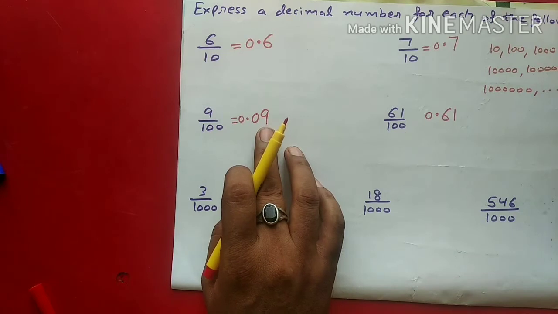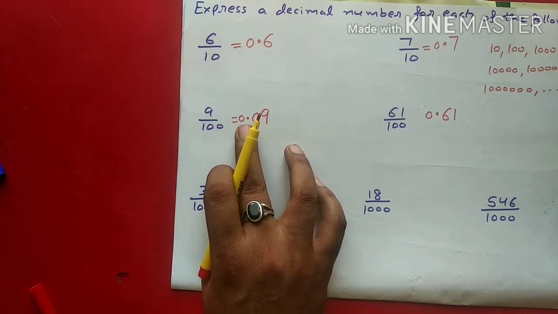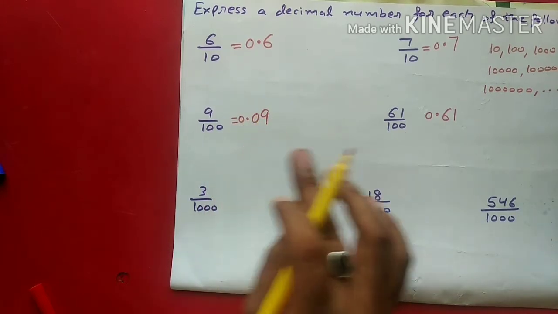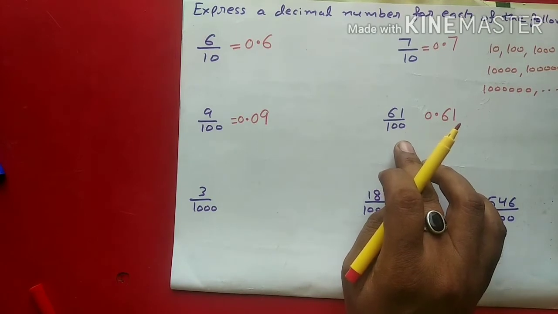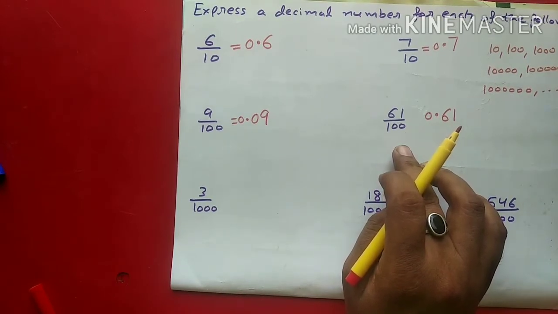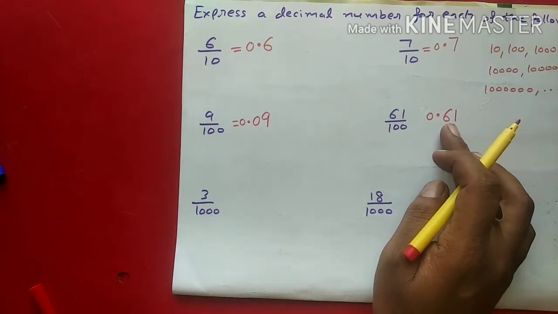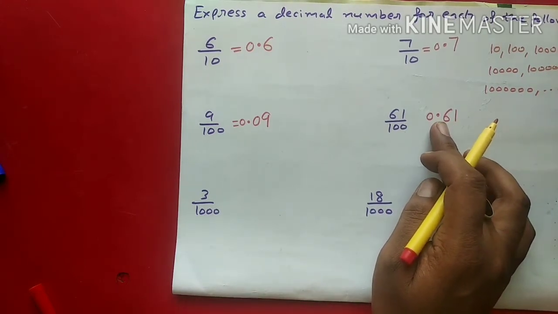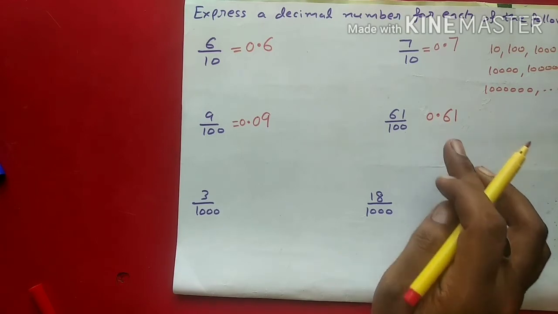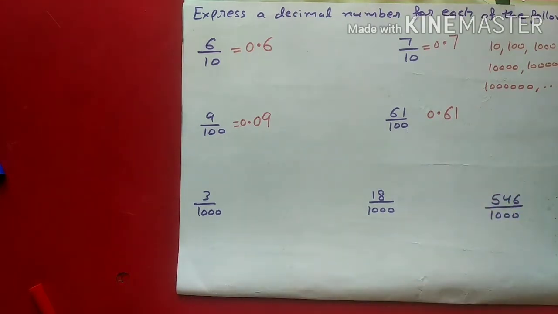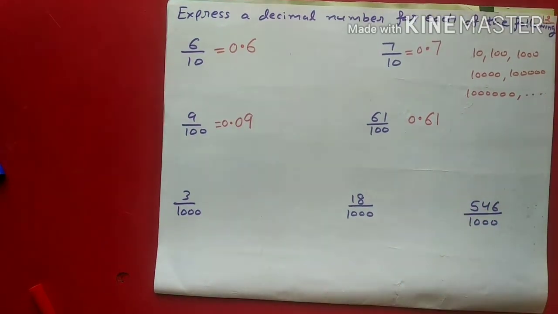So you will write 9 and 0 from yourself and mark the decimal. Okay student, here you can see there is 100, meaning two zeros. So you will write 61, there are two digits, and after that you will write the decimal. Okay student, so we shall proceed to the next question in the same way.